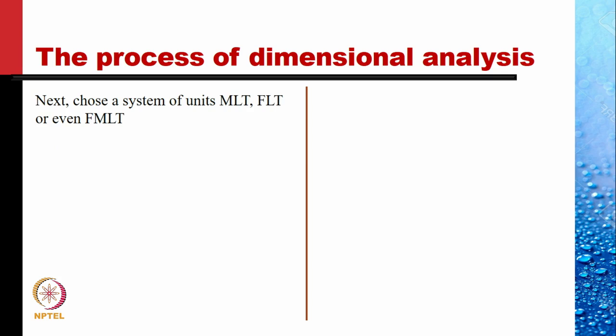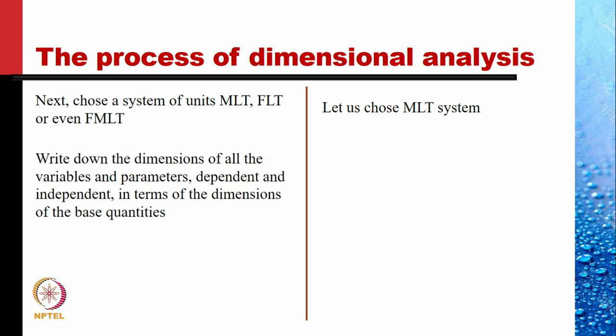The next step is to choose a system of units, MLT, FLT, or even FMLT, as we discussed in the last class. Let's choose the MLT system. Write down the dimensions of all the variables and parameters, dependent and independent, in terms of the dimensions of the base quantities.